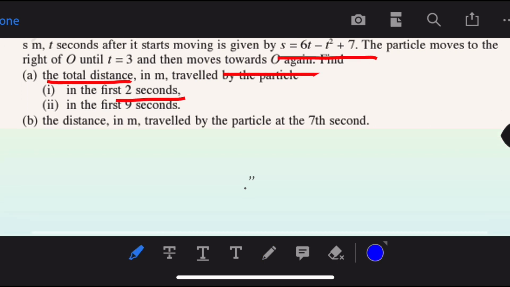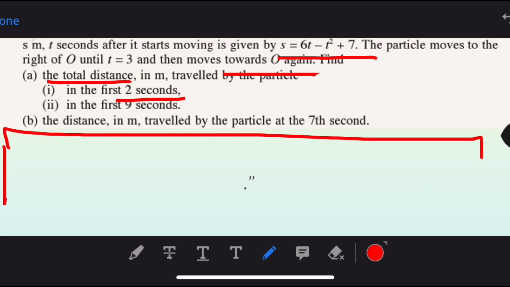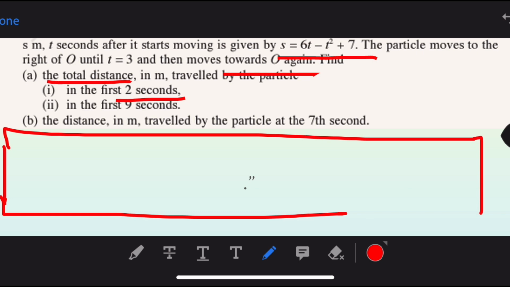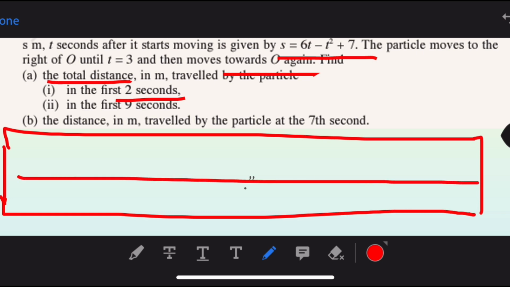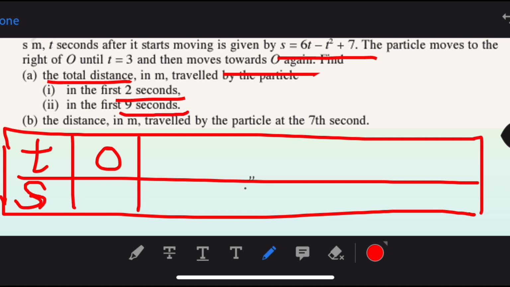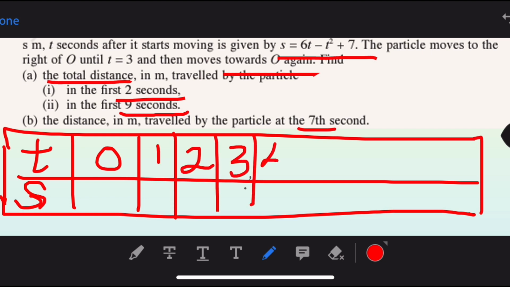Now, in order to answer this question, we need to study in detail the movement of the particle. We have no other way; we have to find the displacement so that we can monitor how the particle moves. Because our question is asking until 9, if you have time, you can do until 9.